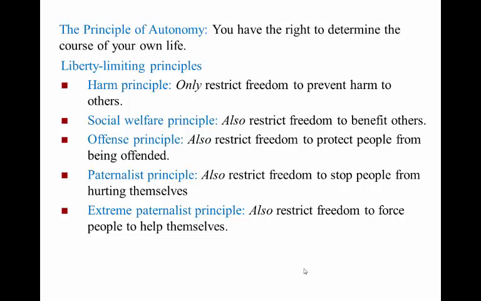Strong paternalism is then about any more robust way of interfering with people's lives for their own benefit. Rather than trying to reconcile these two discussions, we'll just go with the former distinction and talk about regular paternalism, where you keep people from harming themselves, and extreme paternalism, where you force them to help themselves.